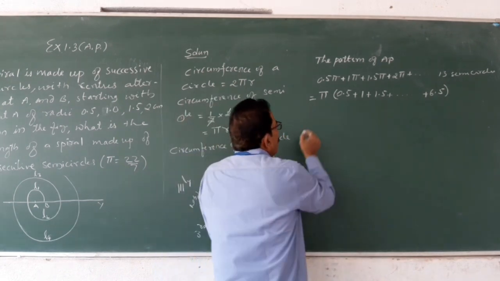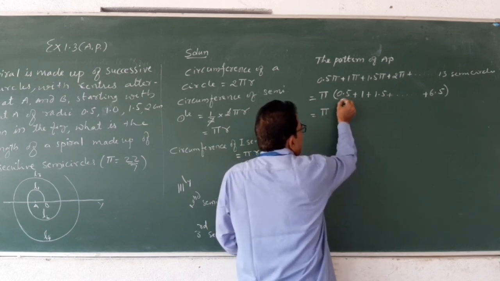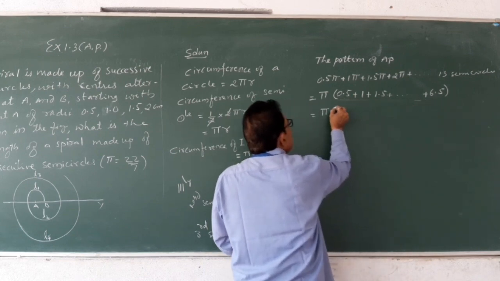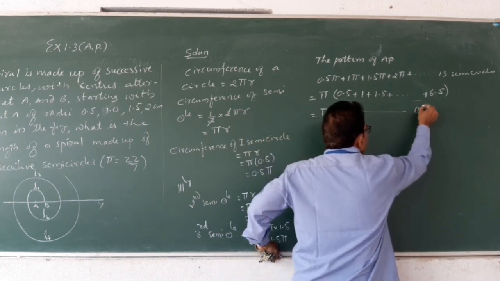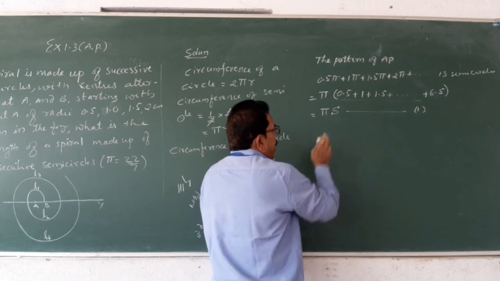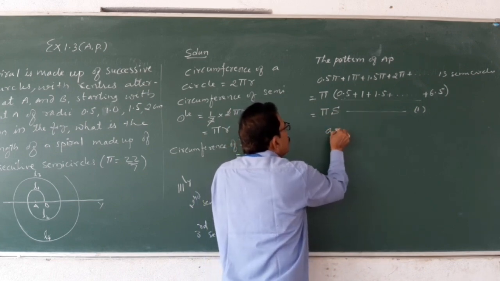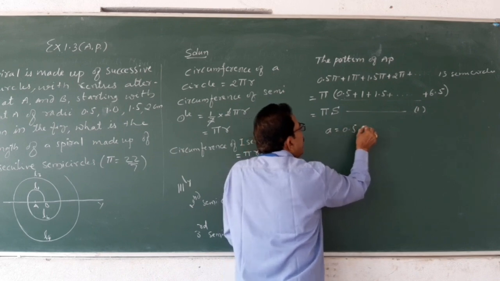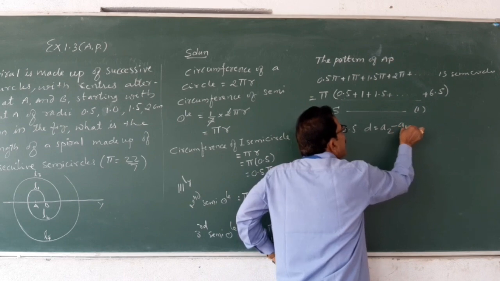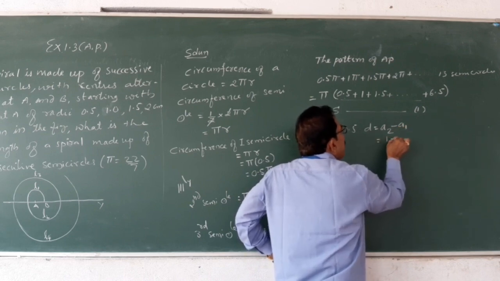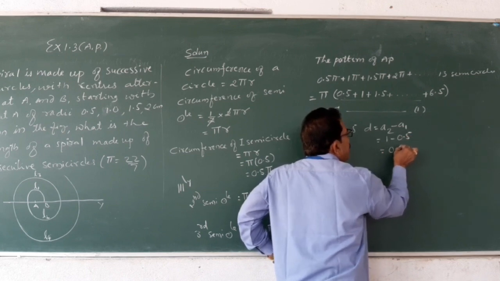So let us consider this total as S, pi into S. This one is equation 1. Considering the value of S, here a equals 0.5, d equals a2 minus a1, that is 1 minus 0.5, which means 0.5.